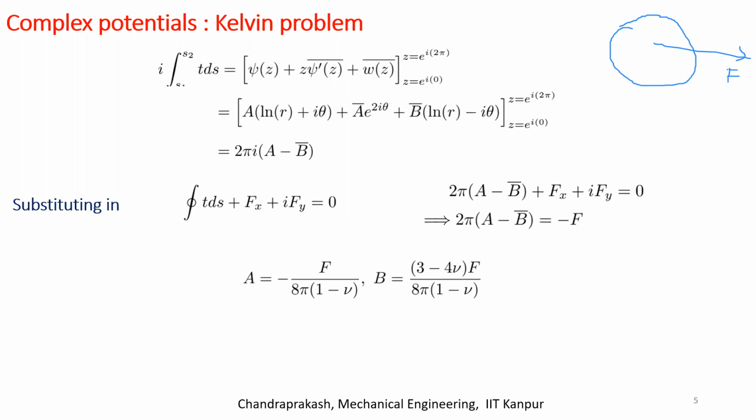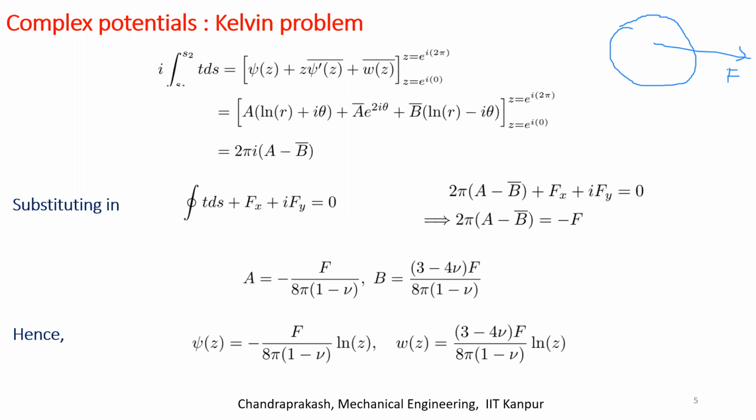So once you know A and B, you can identify your psi. And once you know psi, you can identify your d. What is d? D is the displacement, right? Complex displacement, which is u plus iv. And how do we get this displacement?